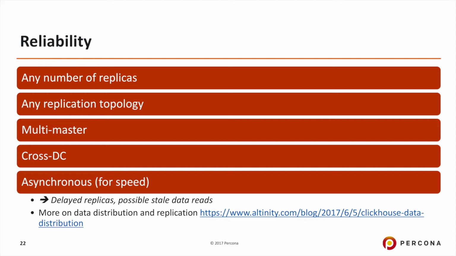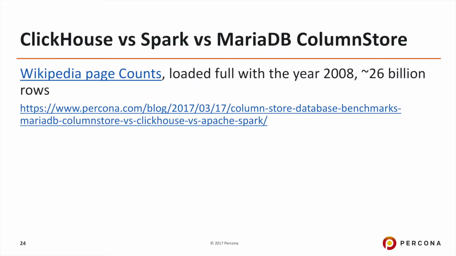I also wanted to show you some more benchmarks done by Percona, by Altinity, and by Yandex itself. This is to prove that ClickHouse performance was validated by different companies.